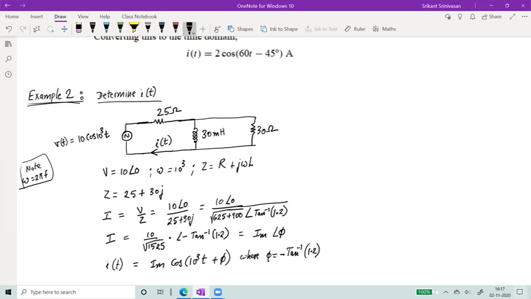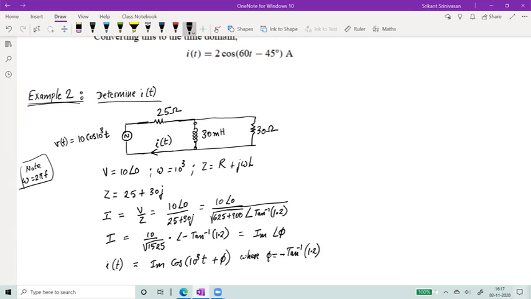So let's say I want to find the current through the inductor. Then I can put some terminals over here and find the Thevenin equivalent. You short the voltage source and find out what is the resistance looking back from this terminal. So that's like 25 and 30 in parallel, right?